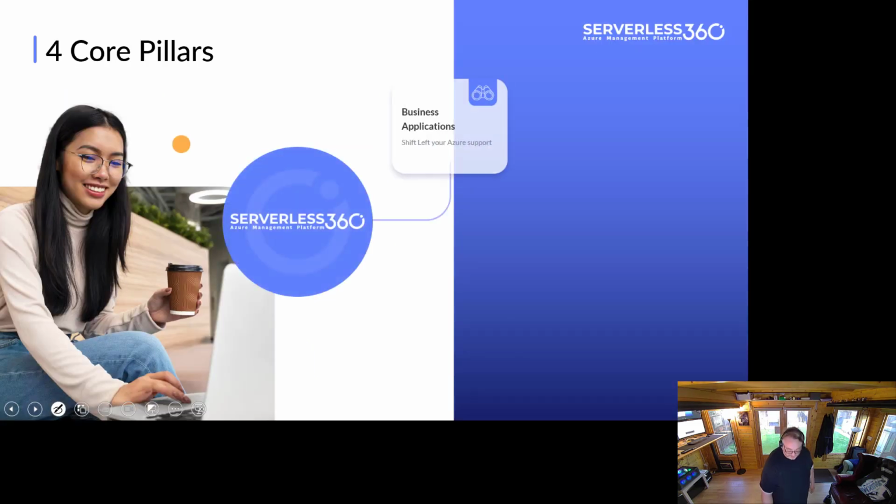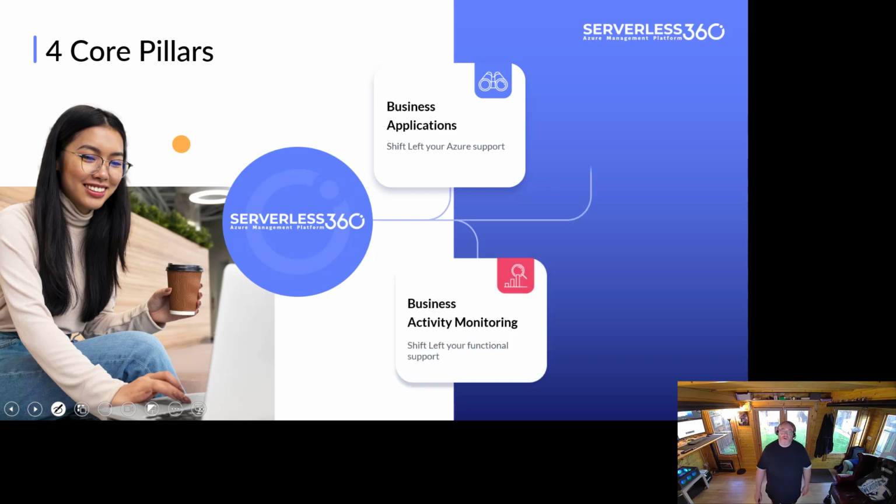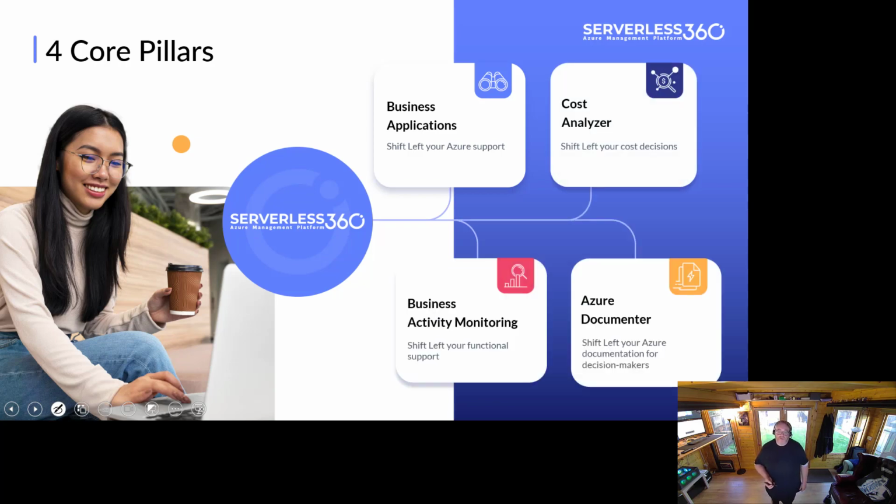So the use case for Serverless 360 involves four modules. We have Business Applications, where we try to allow your support team to participate in managing your Azure components. We take away some of the complexity, provide a support-user-friendly view, and allow them to do many of the common tasks.